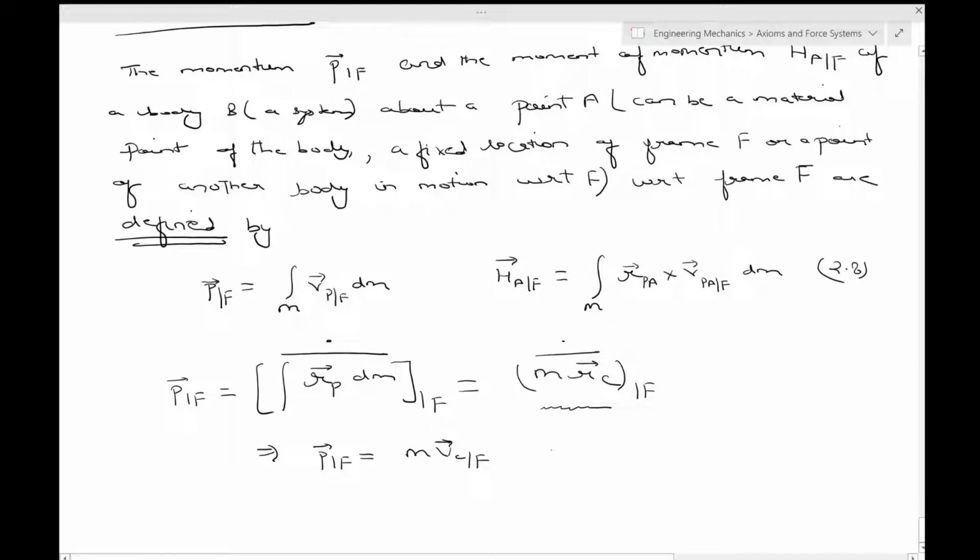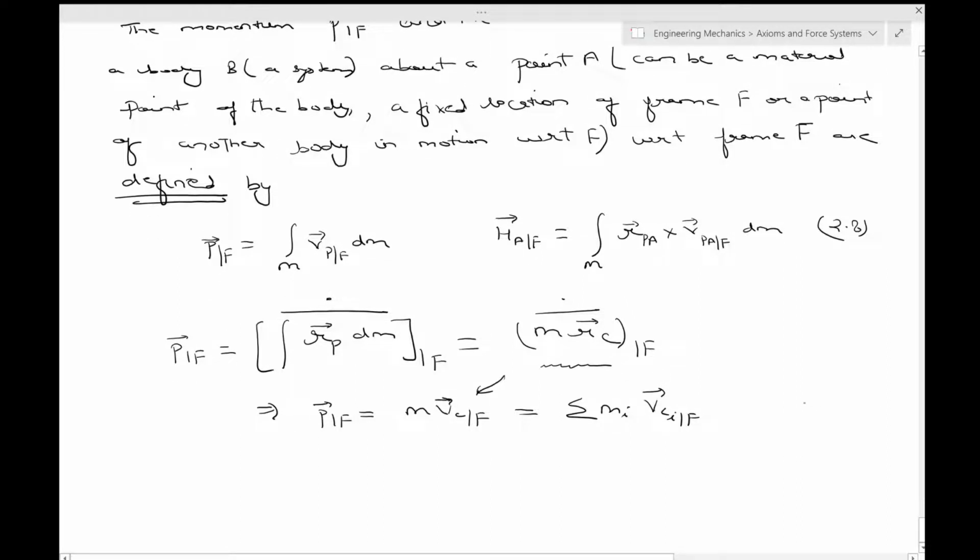That's why this chain rule of differentiation gives us this particular answer. Now this is equal to the sum of m_i V_Ci of F based on the discrete parts i. Okay, so if there are parts 1, 2, 3, 4, they can all be written like this.